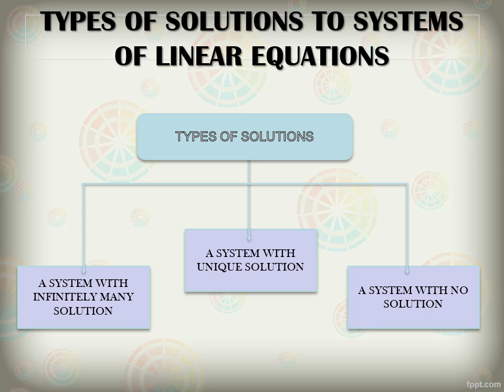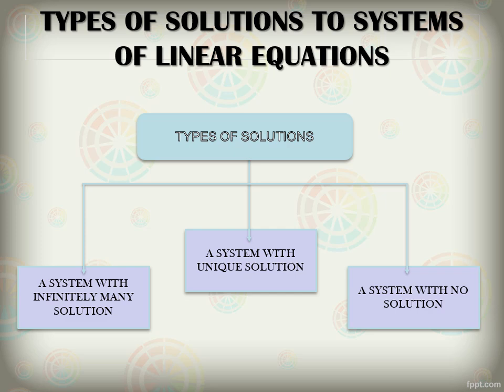Okay, I'm sorry. Correction to my previous words. It is not types of system of linear equation, but it is types of solutions to system of linear equation. Right. So types of solution, there are 3 for a system of linear equation.